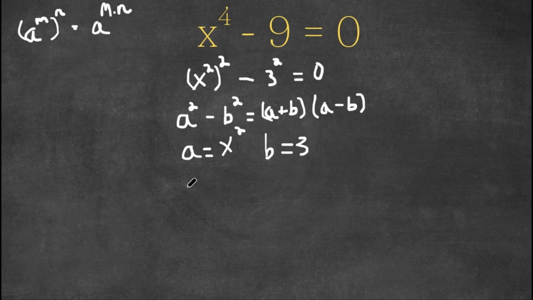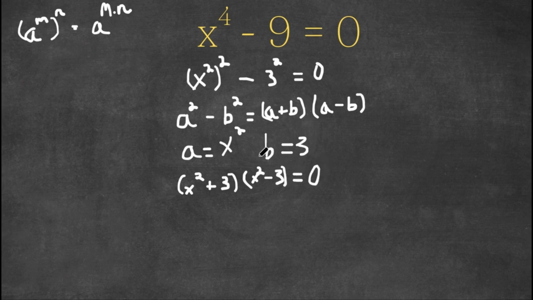A is x squared, so we have x squared plus b, which is 3, times x squared minus 3.